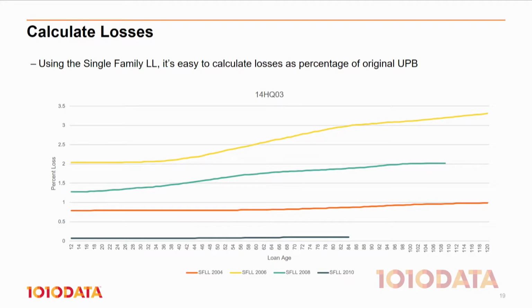In this case, they provide losses at a very detailed level, so you can do this kind of chart, right? You can see that for the single family vintage 2010, losses have been really, really small. When you compare it with 2006, for example, losses are relatively high.